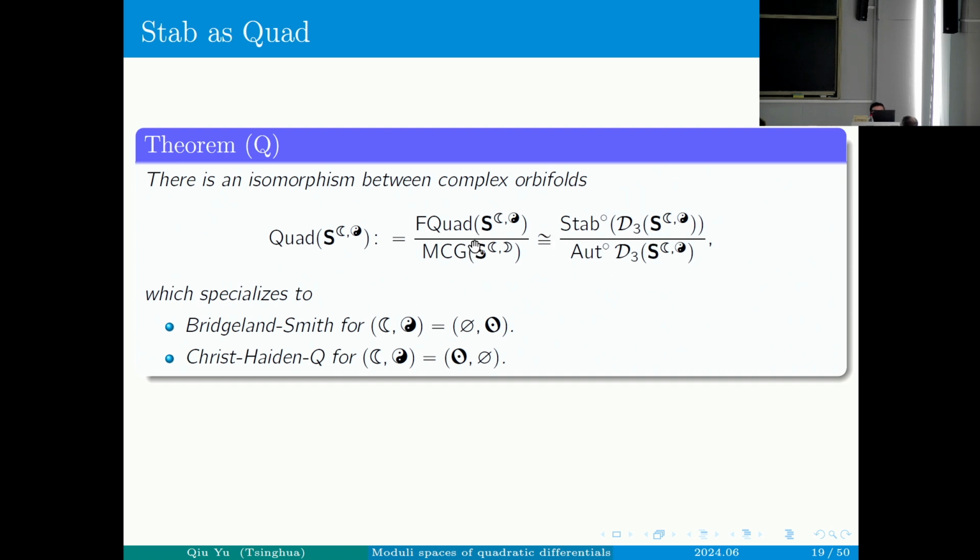And now I'm telling you that this moduli space, a complex manifold, can be constructed homologically from this 3 Calabi-Yau category using the space of stability conditions. In this direction, the original seminal work was due to Bridgeland and Smith, in the case where they allow collisions to any puncture, because they need to use cluster theory to prove this result.